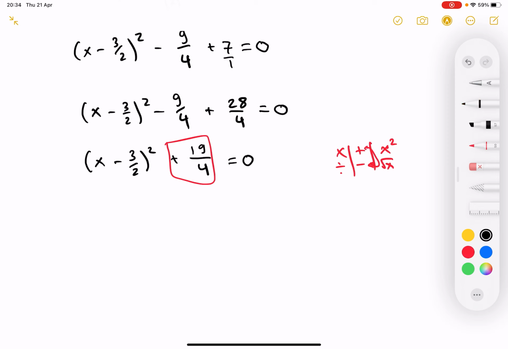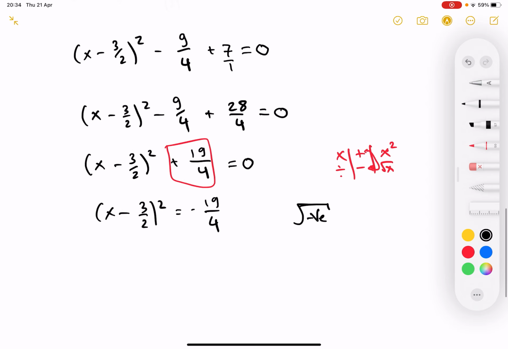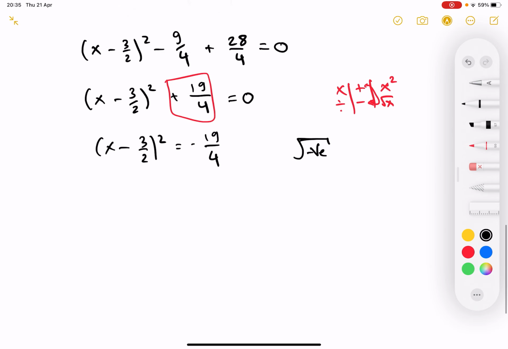So therefore, we're going to do x minus 3 over 2 squared, subtract that, which is 0, minus 19 over 4. Right. Now, this is a problem, because we have a root of a minus. This actually doesn't work. Because we can't do root of a negative number at GCSE level, that means it doesn't actually cross the axis.